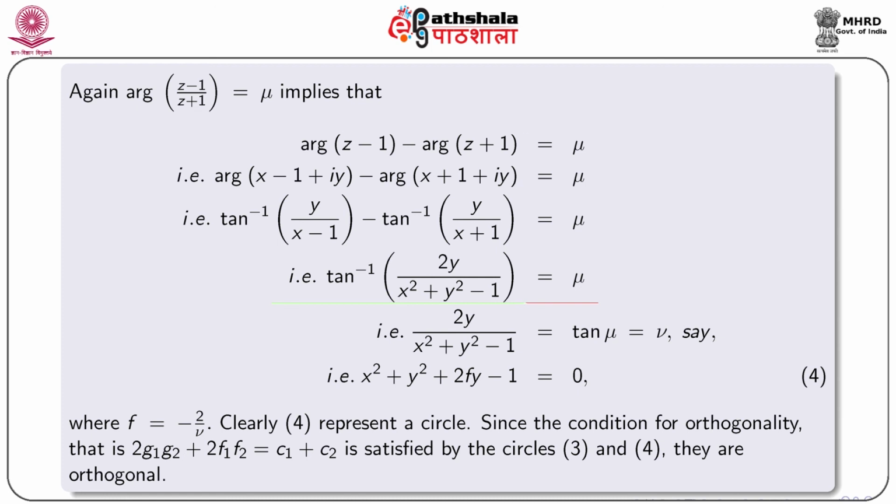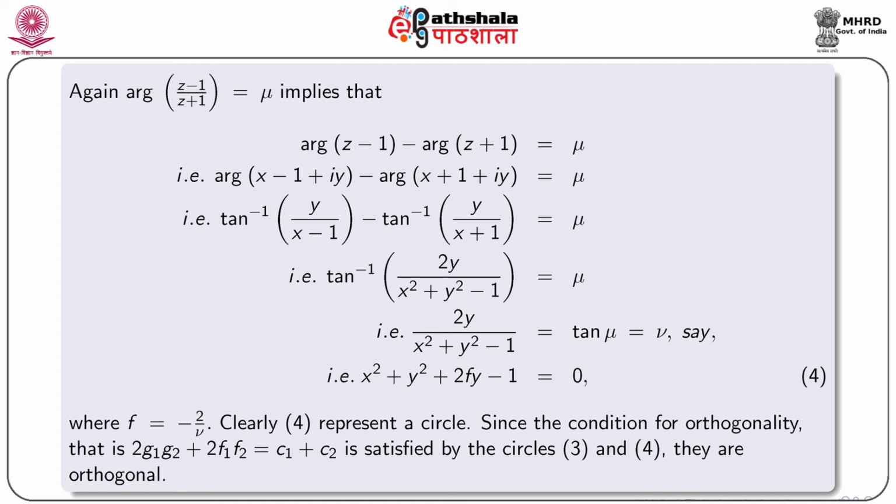minus 1 is equal to mu, which gives 2y by x square plus y square minus 1 is equal to tan mu. We suppose that this is equal to nu. So, after simple calculation we get x square plus y square plus 2fy minus 1 is equal to 0, where f is equal to minus 2 by nu.